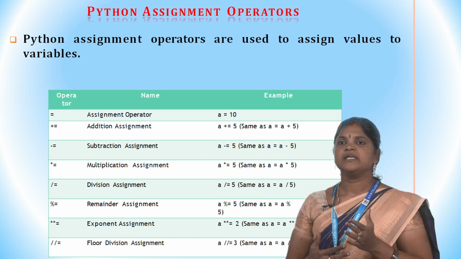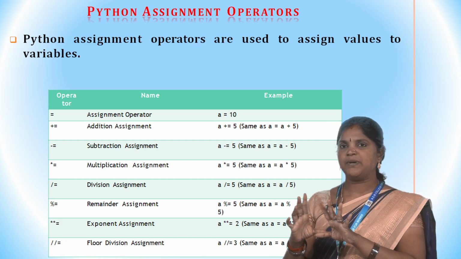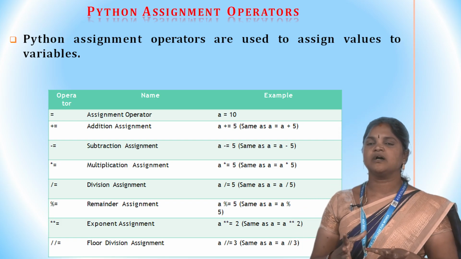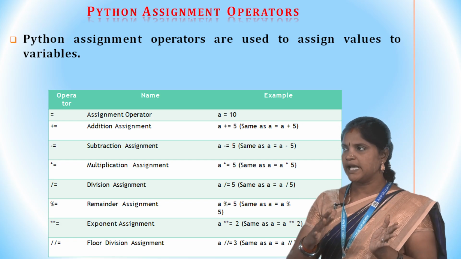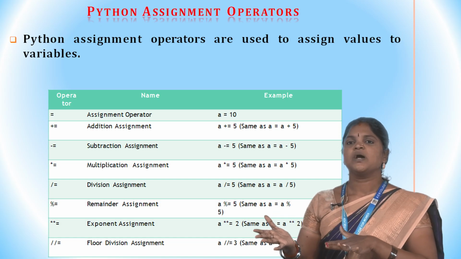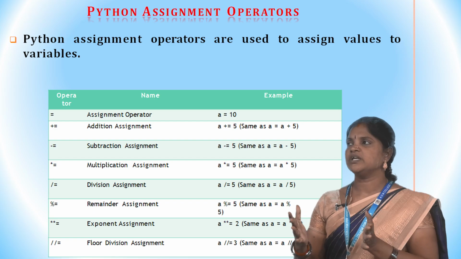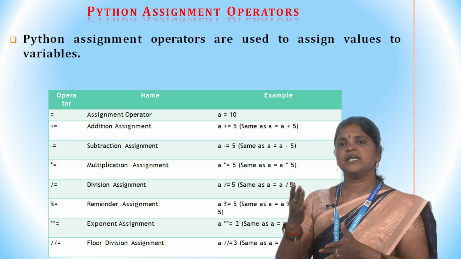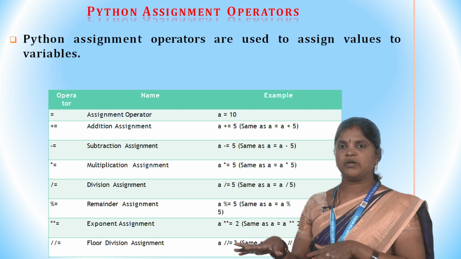Addition assignment, A += 5, which is same as A = A + 5. Subtraction assignment, A -= 5, which is same as A = A - 5. Multiplication, A *= 5, A = A * 5. Division, A /= 5, which is same as A = A / 5.